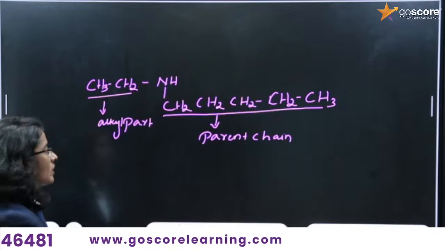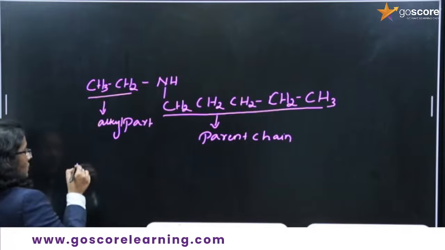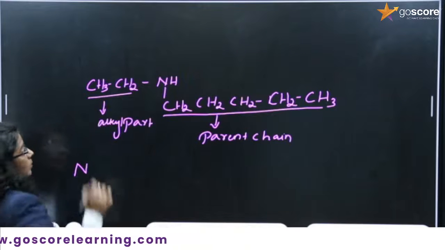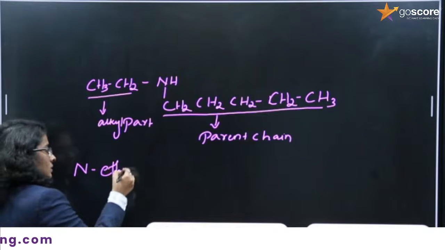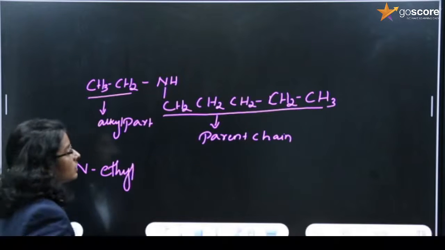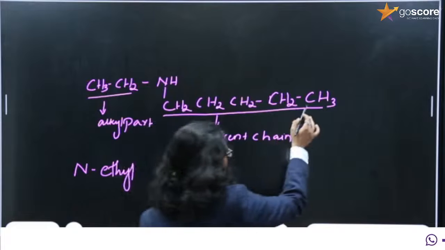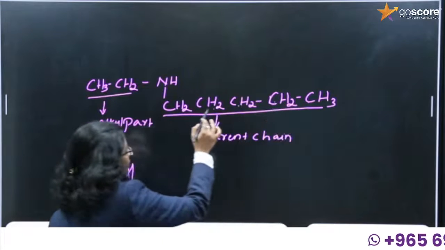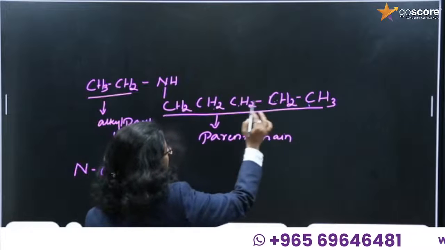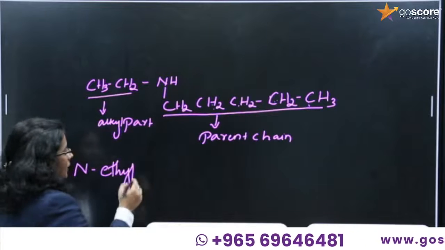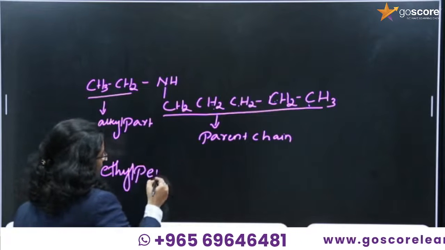So the naming will be N. How many carbon atoms? Two. So it will be N-ethyl. Then count the number of carbon atoms. 1, 2, 3, 4, 5. So it will be pentanamine.